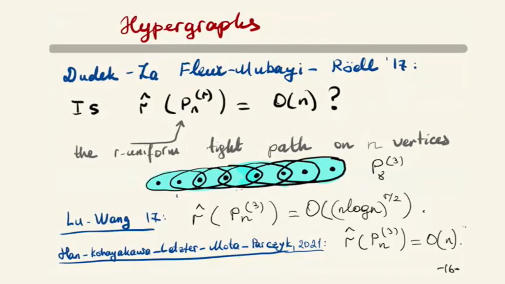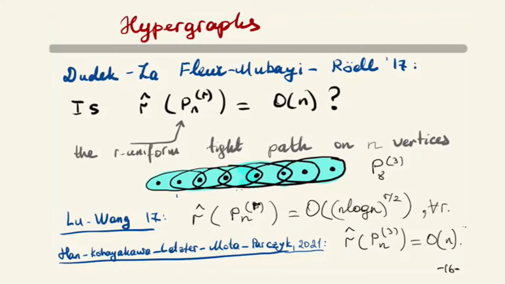And Lu and Wang showed that for uniformity 3, oh no, actually I'm lying. They showed it for all uniformities r. They showed the bound to be n log n to the r over 2. It was just an upper bound for all r.